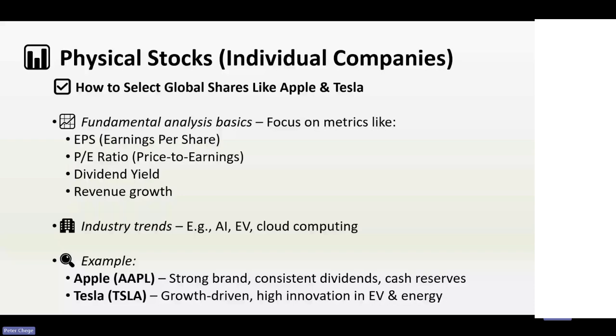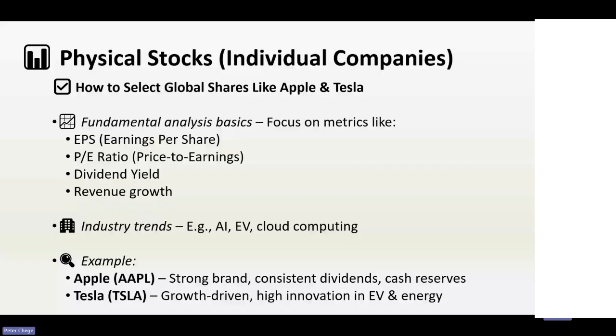Then the other factor you need to check before getting into stocks is industry trends. You look at the sectors with momentum or long-term promise, like AI, that is artificial intelligence. Then there is EV, electric vehicles. You note now these are two upcoming trends. Artificial intelligence.